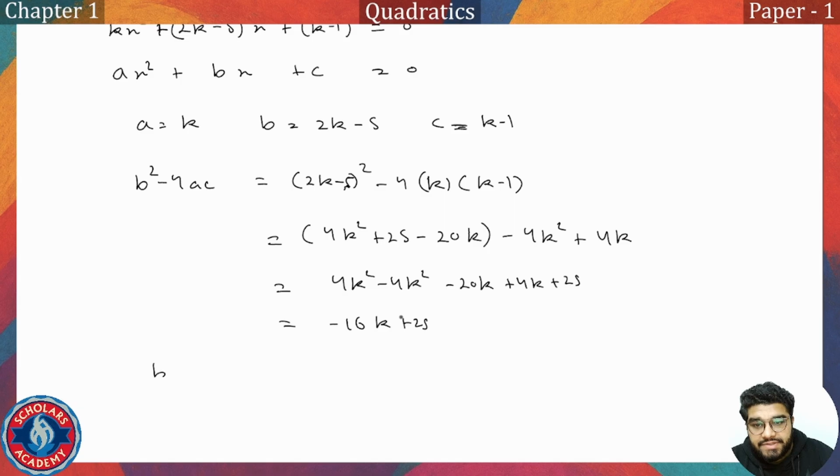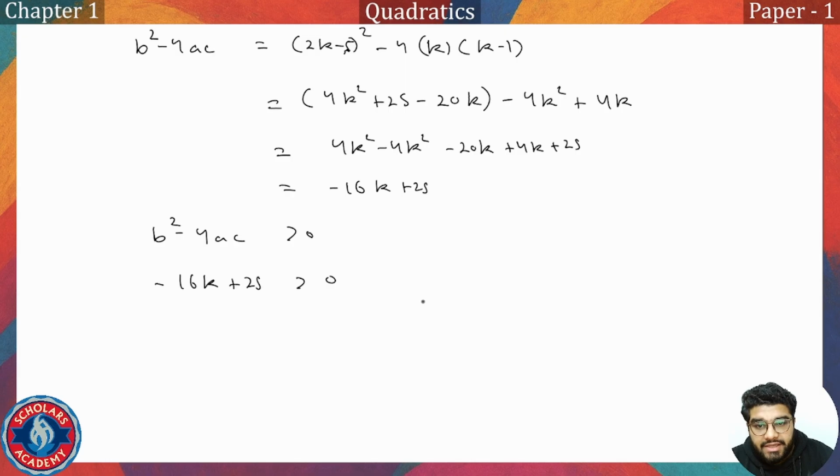The value of discriminant should be greater than 0 for two distinct real roots. So negative 16k plus 25 should be greater than 0. It means negative 16k should be greater than negative 25. Multiplying both sides with negative, we get 16k is less than 25. We get k is less than 25 by 16.